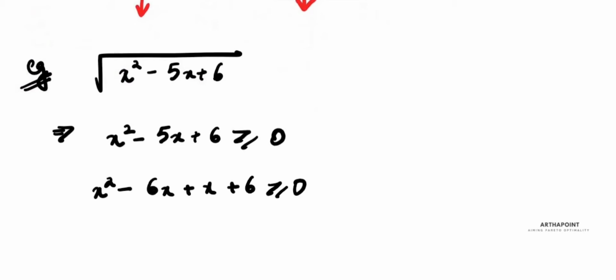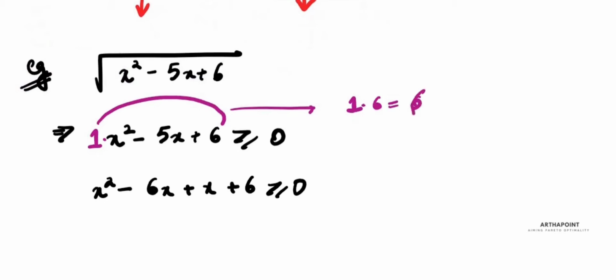I am making use of a simple fact here that this has 1 into 6 is 6, and the factors of 6 can be 1 into 6, -1 into -6, 2 into 3, -2 into -3.